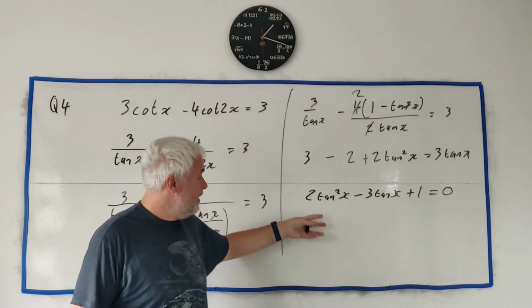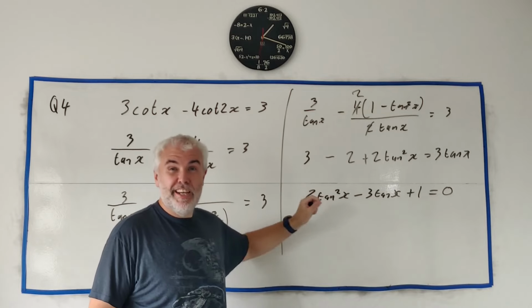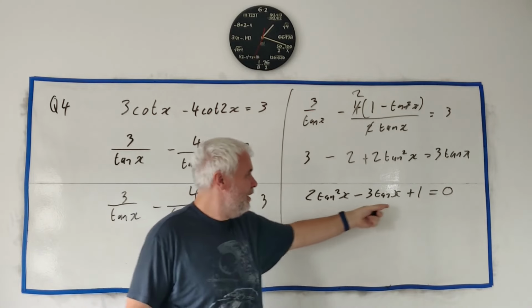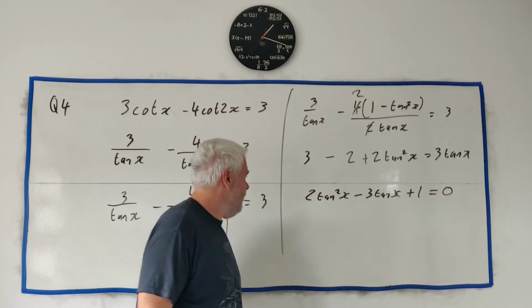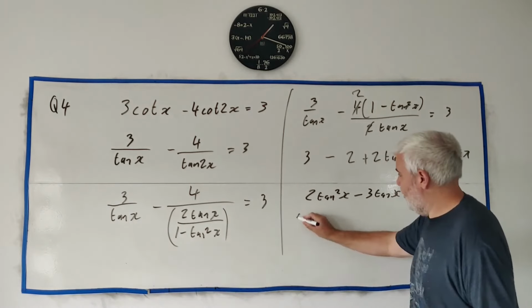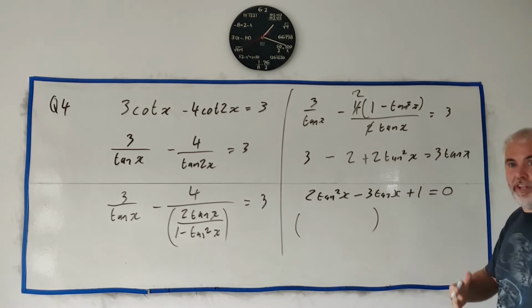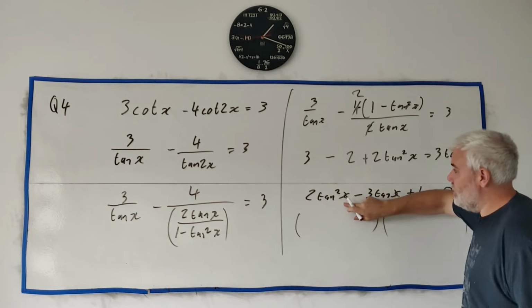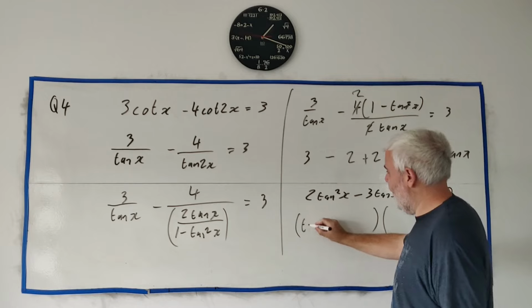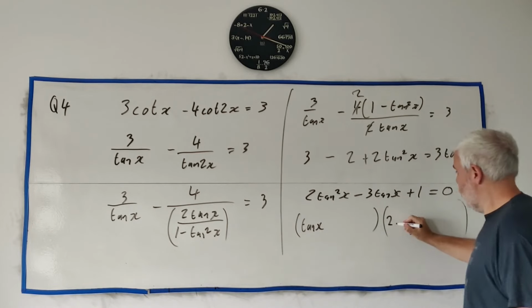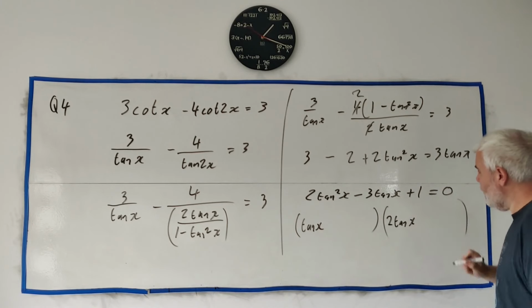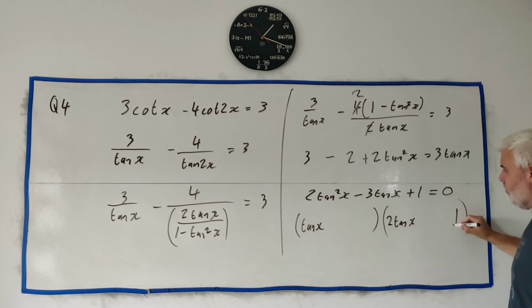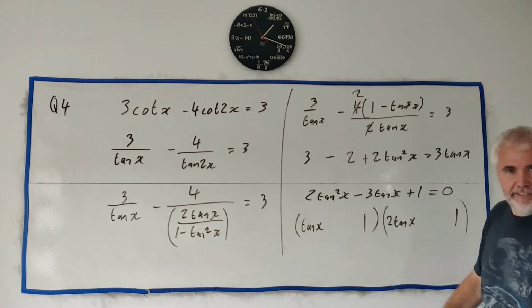If you don't like having tan x here, you can change this for just y squared and y. A lot of students like to do that. But this is just a quadratic that can be factorized. It's not too bad. How do you make 2 tan squared? Well, that would have to be tan x multiplied by 2 tan x. How do you make a 1? Well, that'd have to be 1 by 1, if it's easy to factorize.